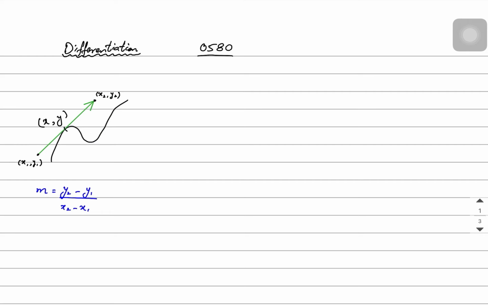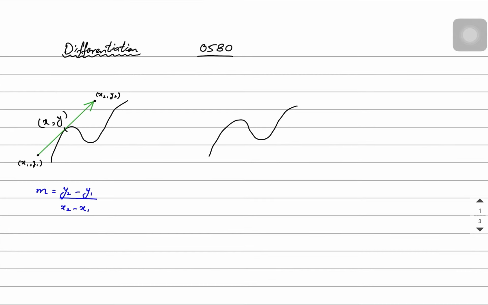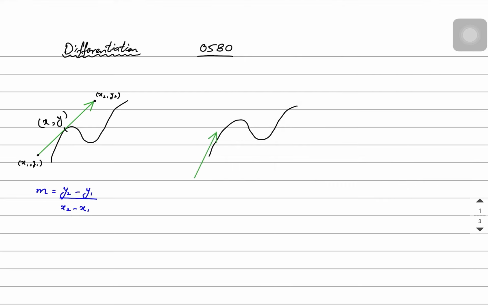But the problem arises when we don't have any curve with us. So what happens when we have a curve and we can clearly see that it has different patterns at different points. If I want to take out the gradient at this point, that is going to be a different one.